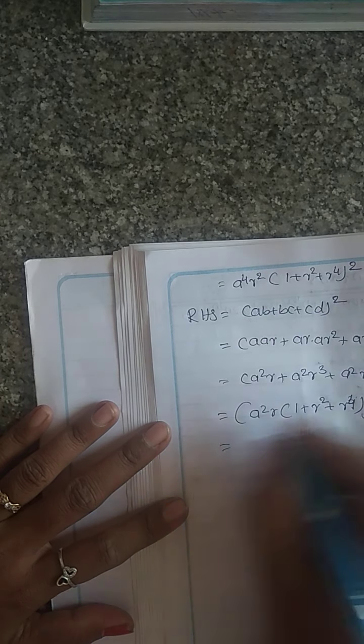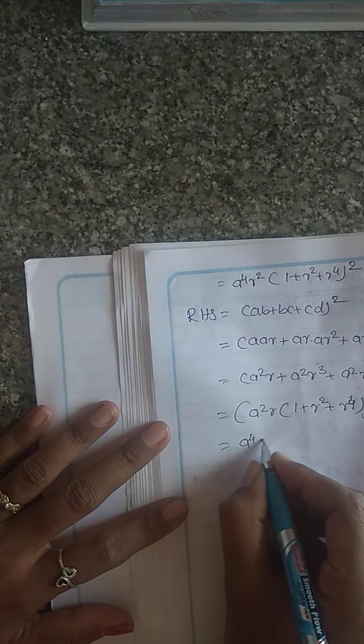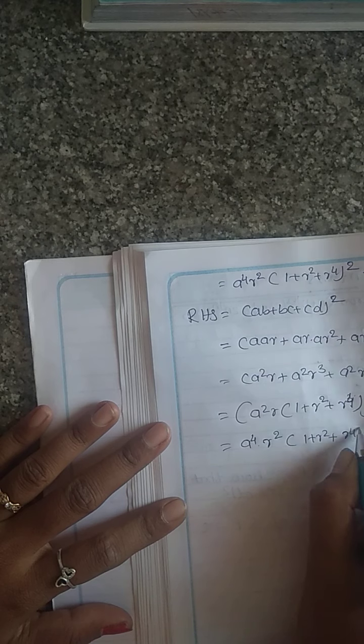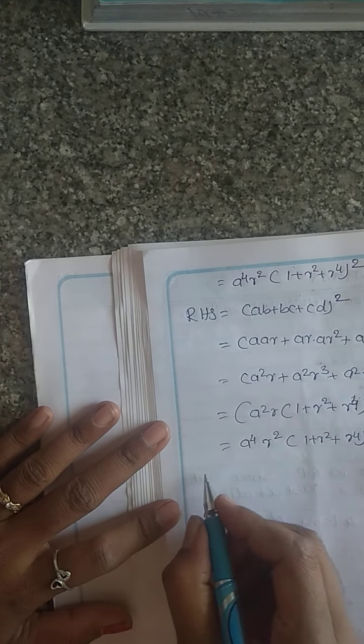So if you take this term outside from this square, that value will be a raised to 4 r raised to 2 times 1 plus r square plus r raised to 4 square. Call this equation 2.